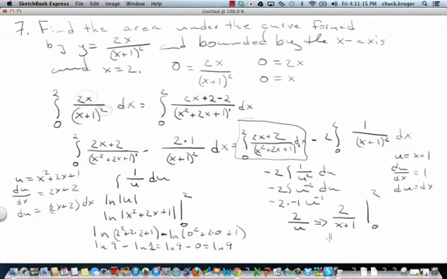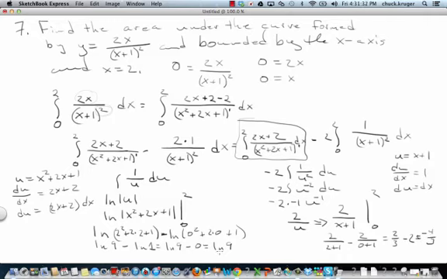And if I do that, I'll have 2 over 2 plus 1 minus 2 over 0 plus 1, which is 2/3 minus 2, which is a negative 4/3.